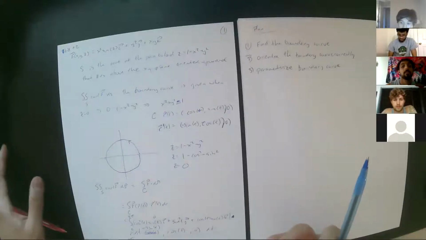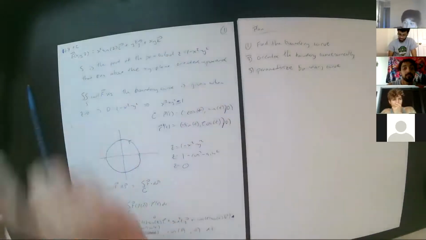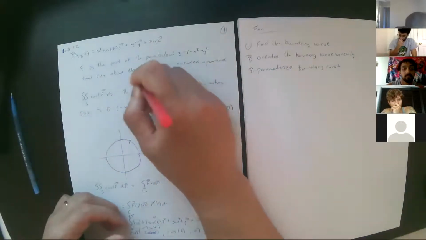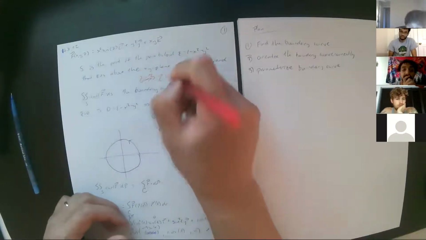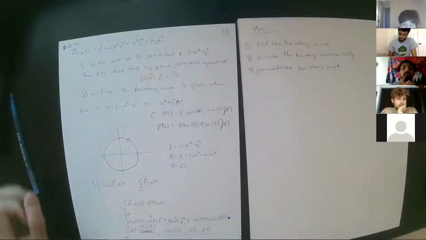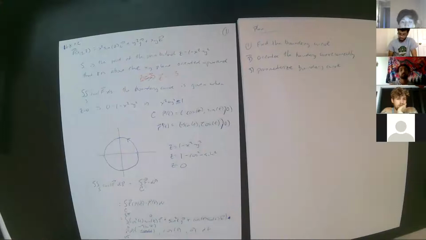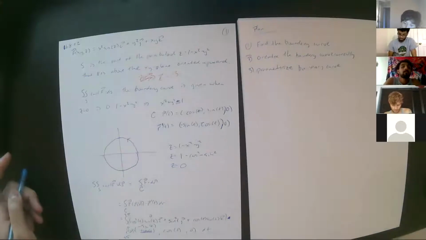If it had said something different, like above z equals -3, which is not what the problem says, then I would put z equals -3 in here and get x squared plus y squared equals 4, so a circle of radius 2 instead of a circle of radius 1. So the choice of z equals 0 is 100% dependent on the surface that was described. Okay?